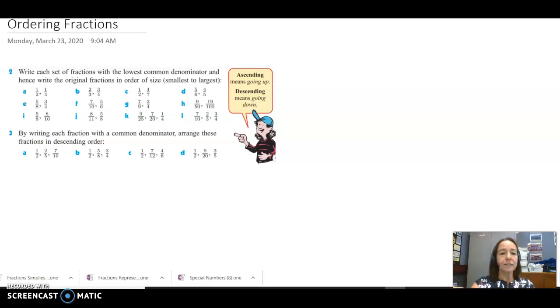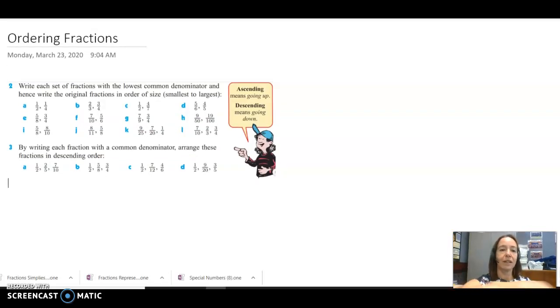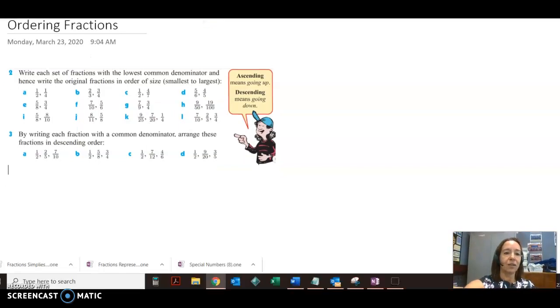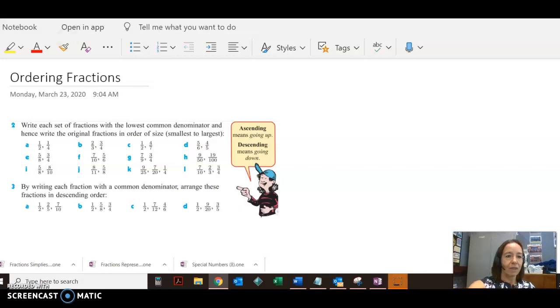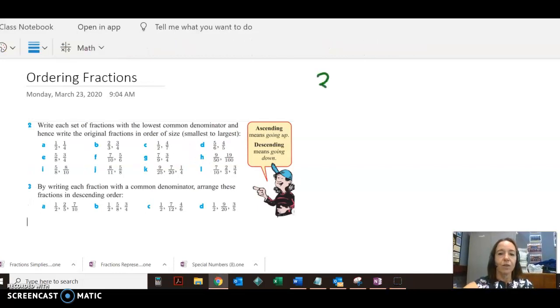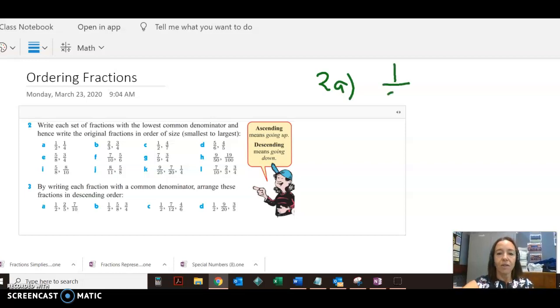So if I've got a half and a quarter, what is my lowest common multiple? Let's just get a pen over here. So 2a, I have got a half and I have got a quarter. First thing I need to do is find my lowest common multiple of 2 and 4.